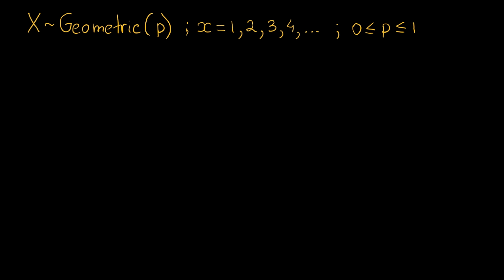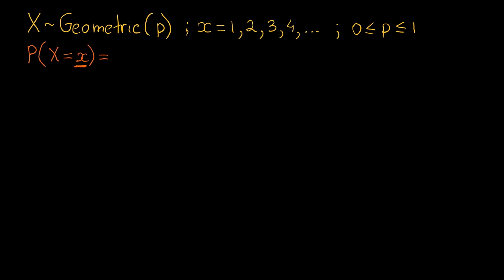Okay, now what is the PMF of this random variable? The PMF of this random variable is quite straightforward from the story alone, because we know that we have IID Bernoulli trials, and we know that X gives us the number of tosses required until we get tails for the first time. So if we're going to get tails on the xth toss, lowercase x, then the preceding tosses must have all been heads.